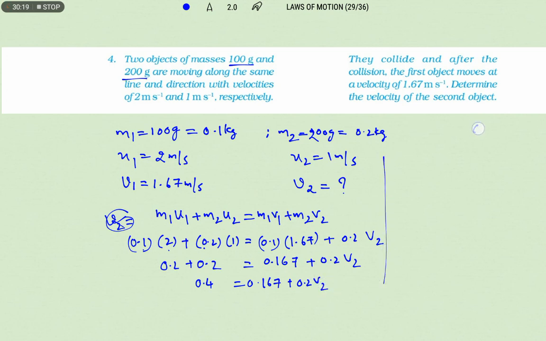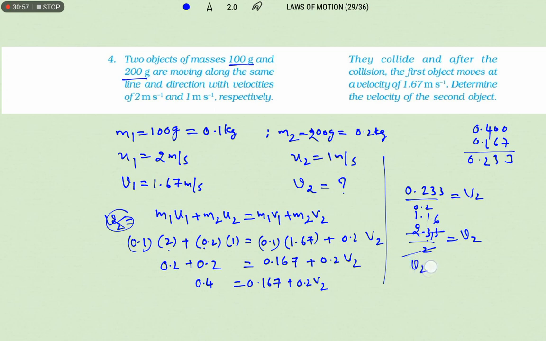Let us take this as 0.4 minus 0.167, which is 0.233, divided by 0.2 equals V2. So we can write 2.33 by 2, and V2 is equal to 1.16 meter per second.